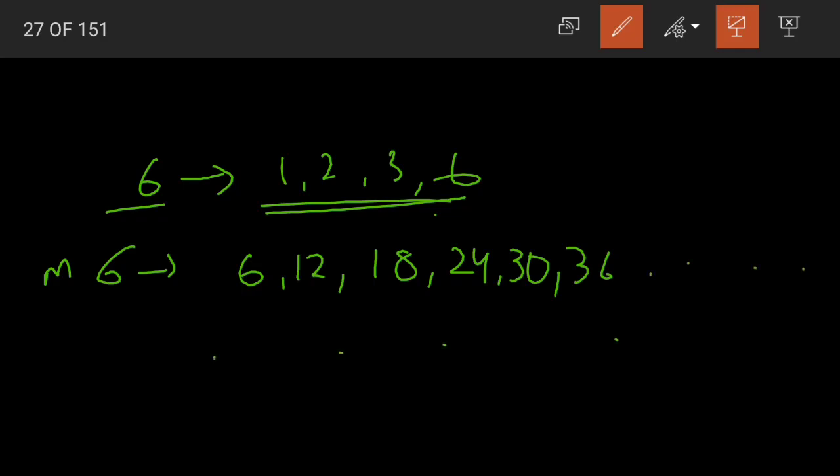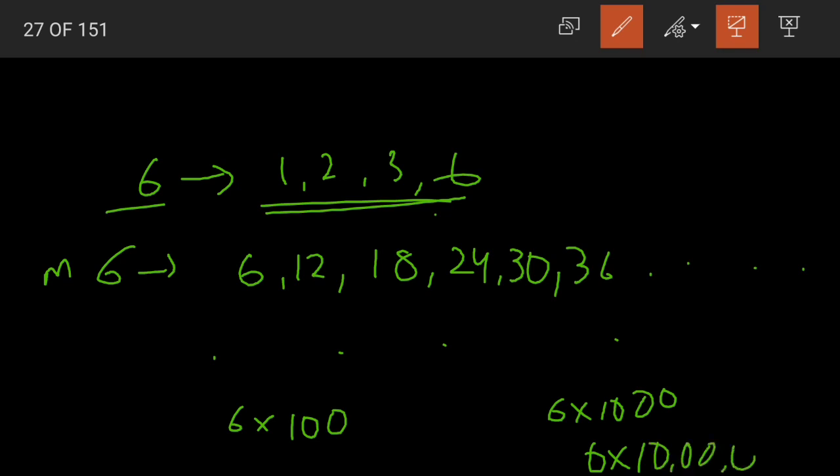I can go on till 6 into 100 also, 6 into 1000 also. Yes, 6 into 10 lakhs also. Yes or no, children? I can go on. There is no end to the list of multiples we can write.